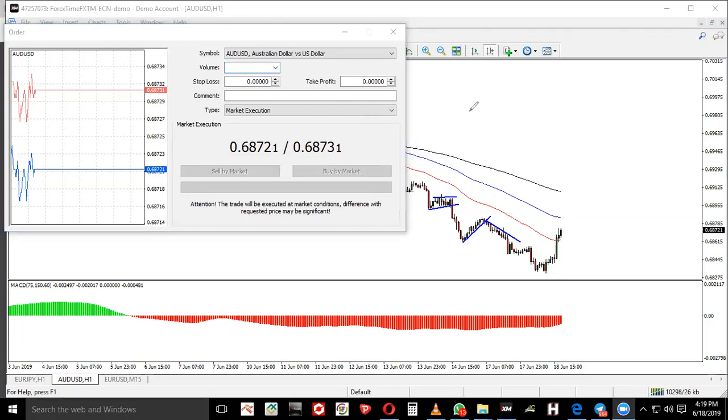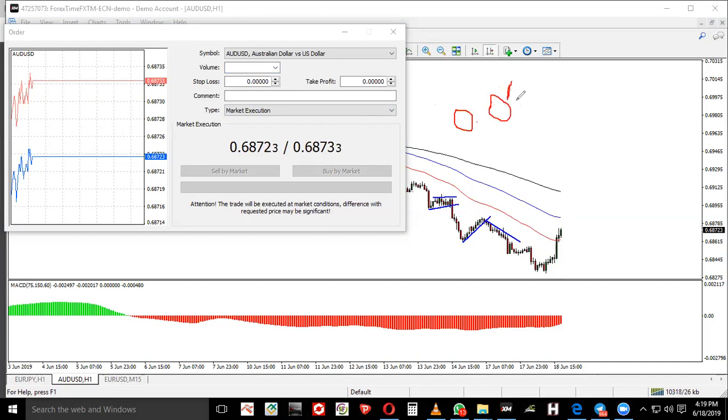Now, a standard lot size. First of all, let me start from a micro lot size. A micro lot size is represented in one decimal unit. It means you will always see this micro lot size in the range of 0.0 something.